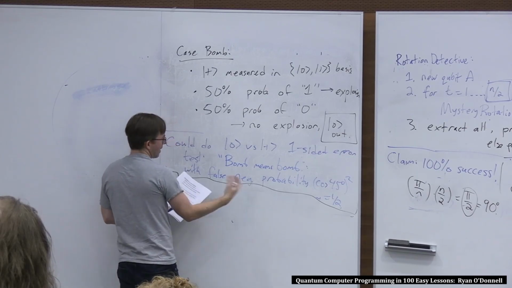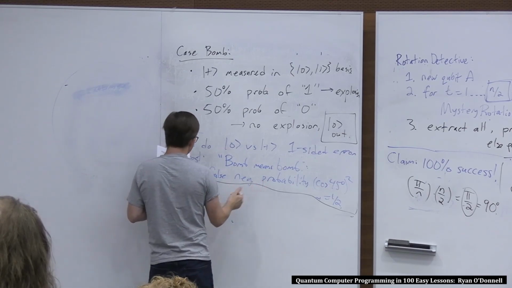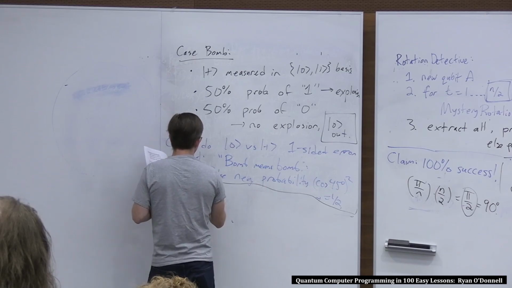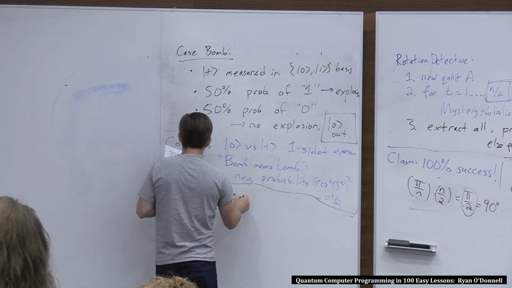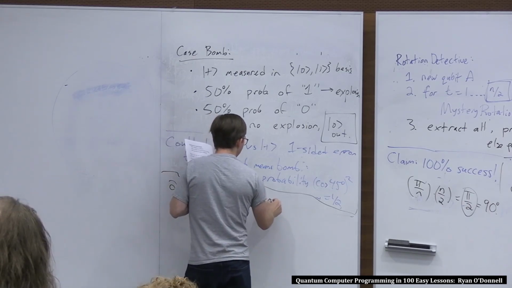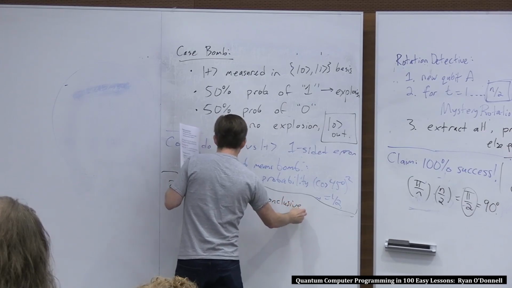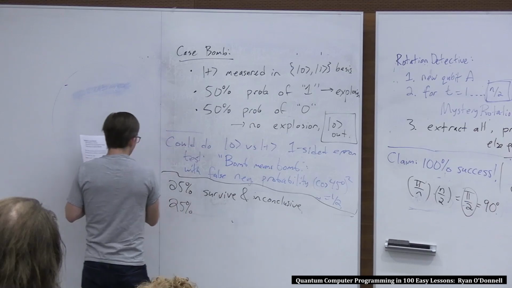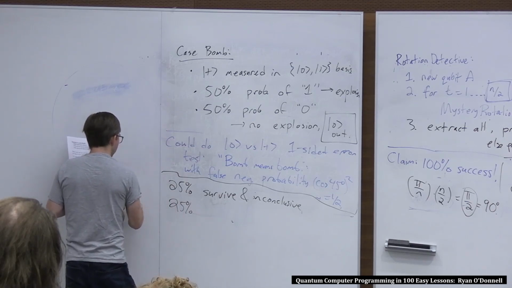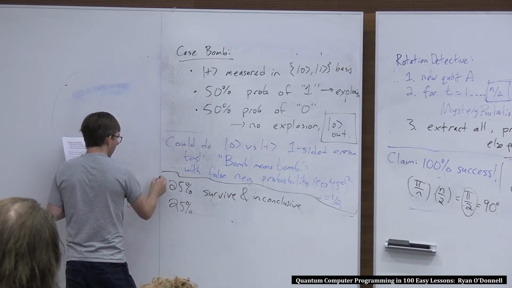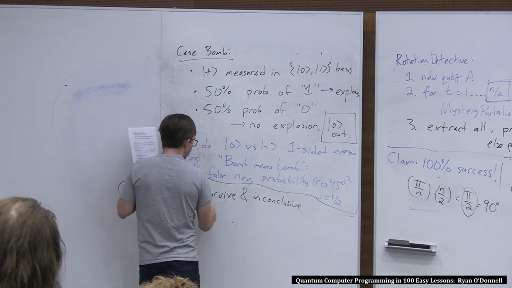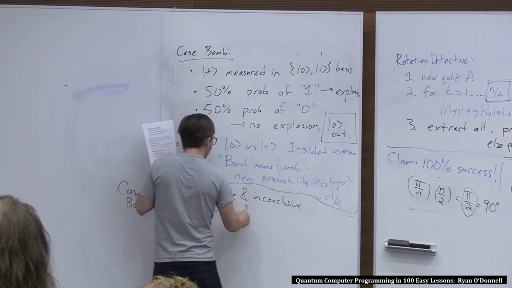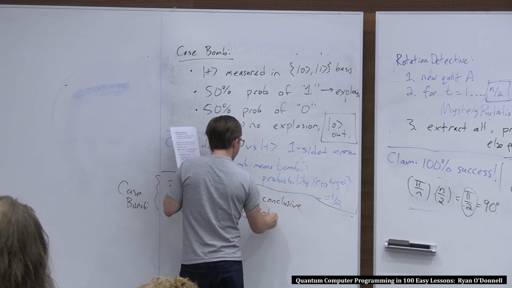So there's a 25% chance it says not bomb, but this is the error possibility. So there's a 25% chance that you survive the bomb and you get an inconclusive result. But this is in case bomb. So I'm writing this in a slightly bad way. There's a 25% chance that overall you survive and you detect the bomb with certainty.